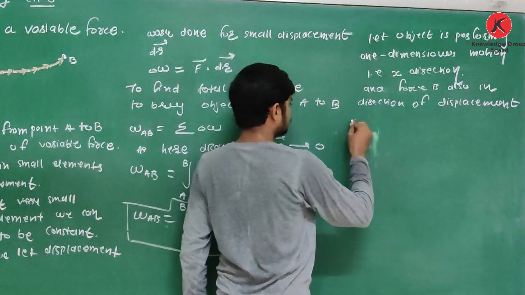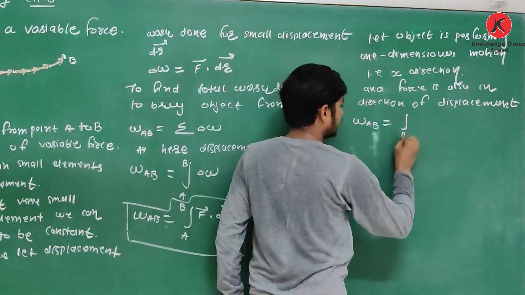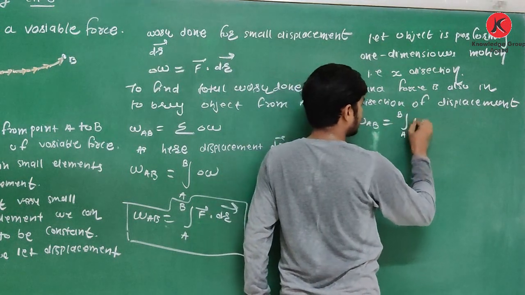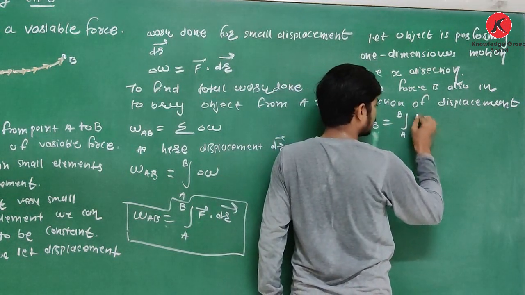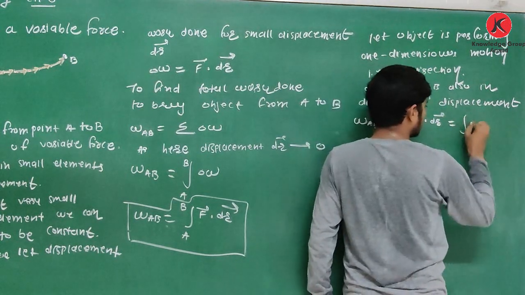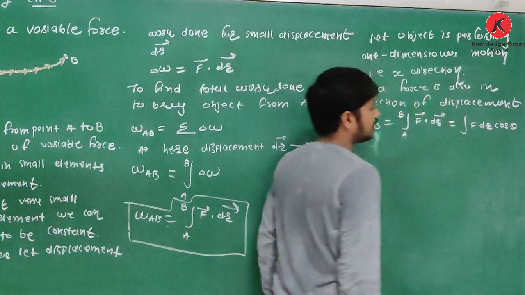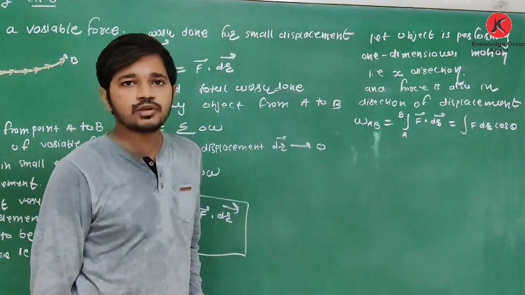See, W_AB is equal to the integration from A to B of F dot dr, which is equal to F dr cos 0. Cos 0 will be 1.